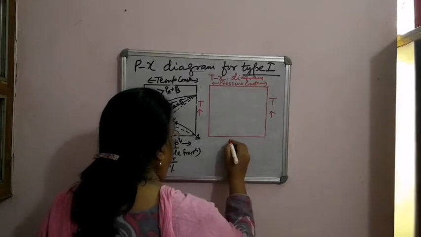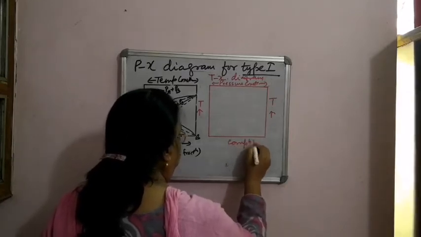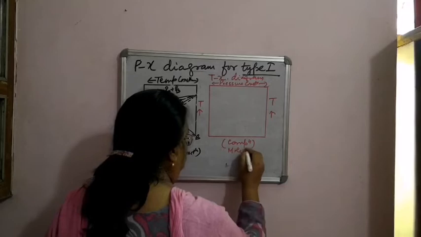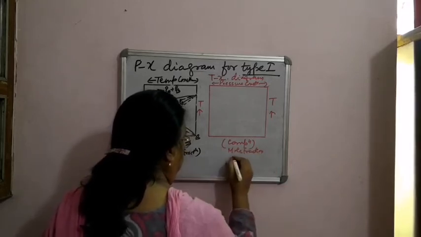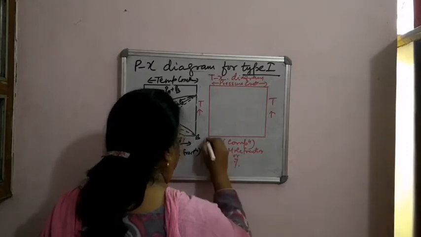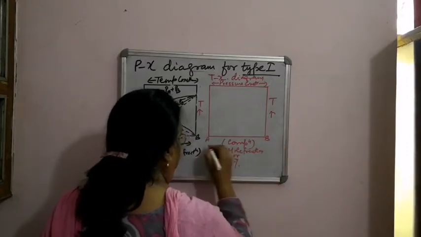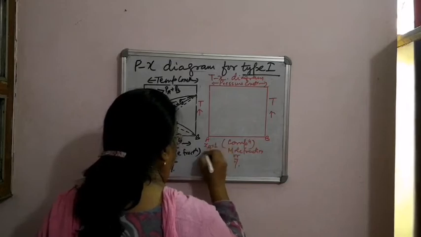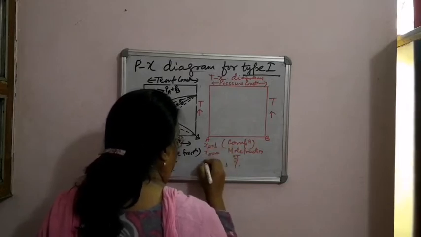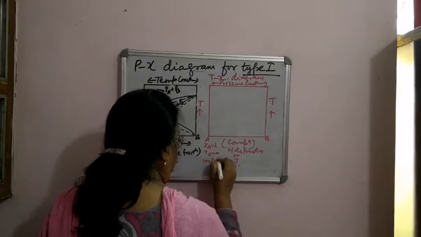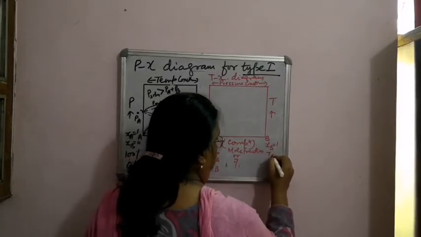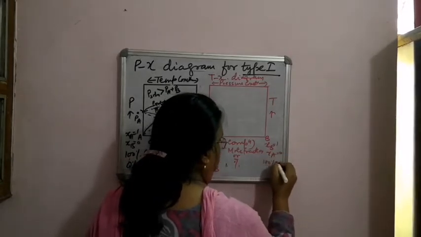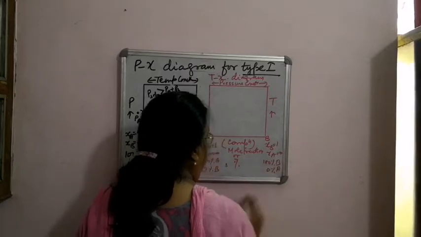And here it is composition, mole fraction, exactly the same way as we have done in previous diagrams, or percentage, here component A, here component B, here XA is 1, XB is 0, 100% A. Every time you have to write this, 0% B, and here XB is 1, XA is 0, 100% B, 0% A.